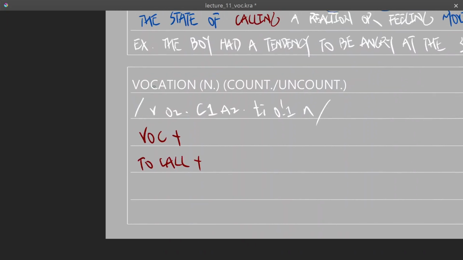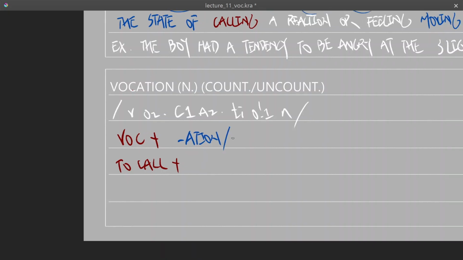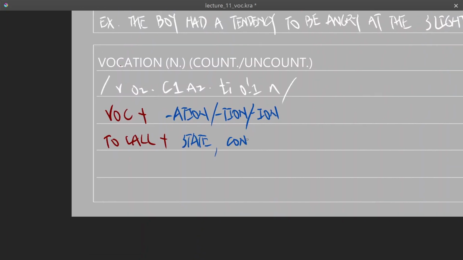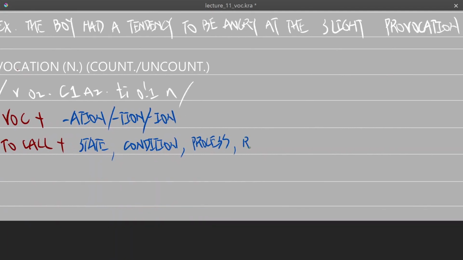And we have the noun suffix ation, with its variants tion or ion, meaning state, condition, process, or result.